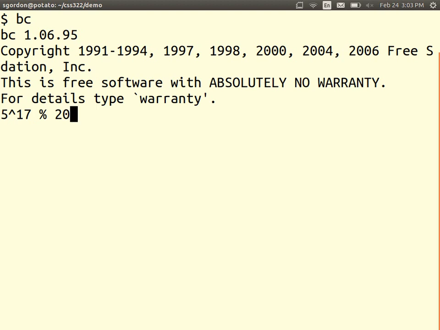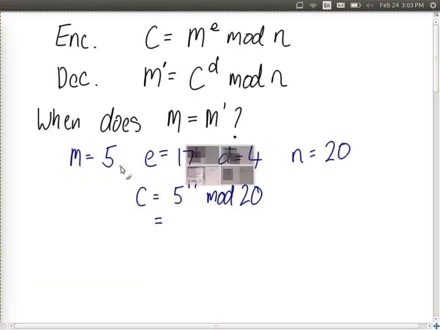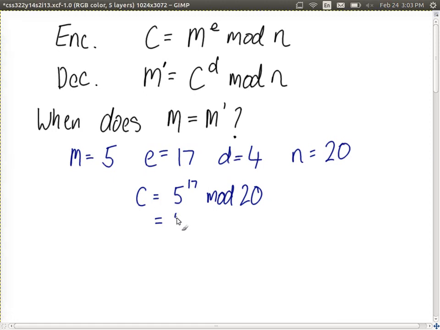Five to the power of 17 mod 20 is 5. Easy. That's the encryption. So C equals 5. Let's decrypt.